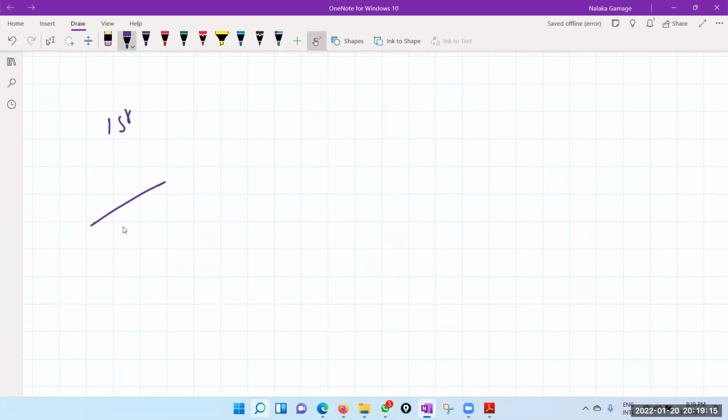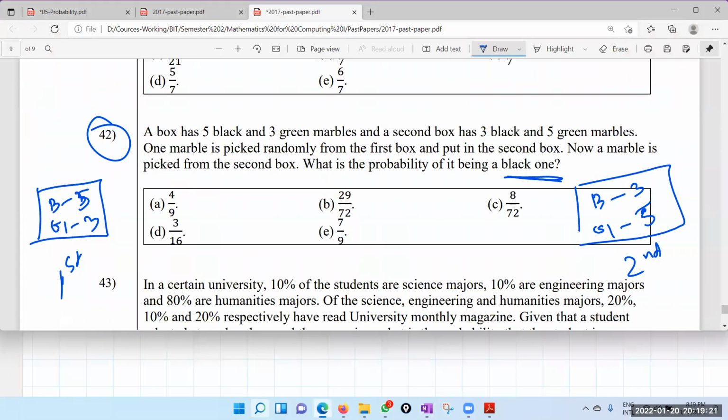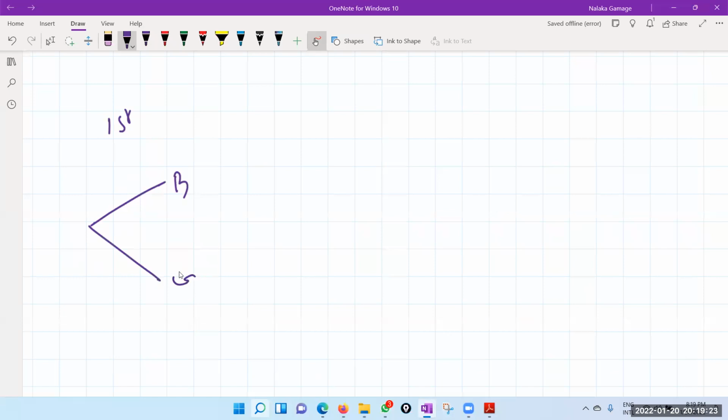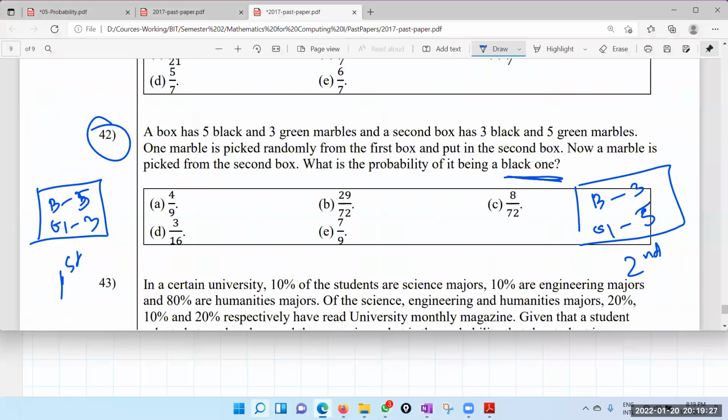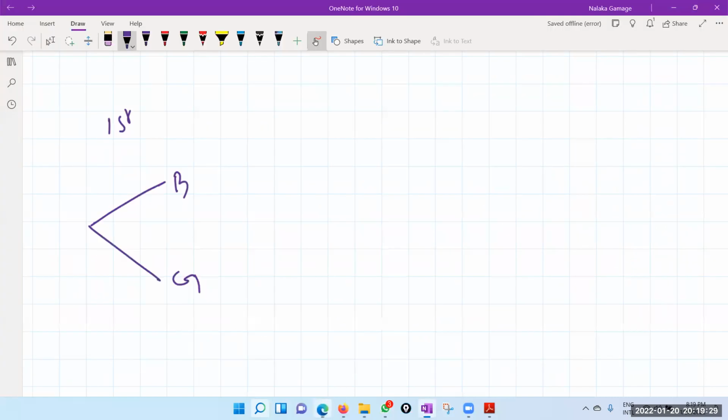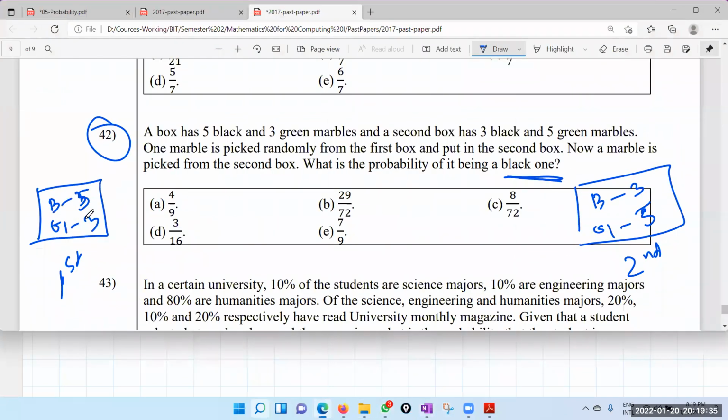First take can be black or it can be green. What is the probability of it being black? 5 out of 8, because altogether there are 8. Being green is 3 out of 8.